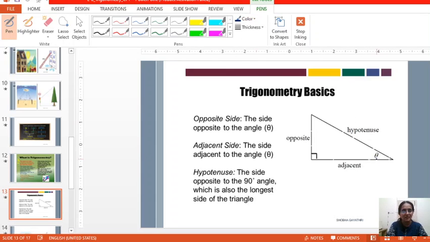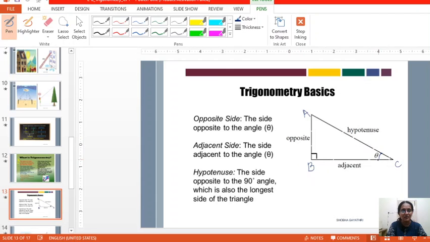Now, when we are considering the angle theta, let me name the triangle first. Let it be A, B, C. The right angle triangle is right angled at B. Now, when we are considering theta for angle C, the opposite side is AB.